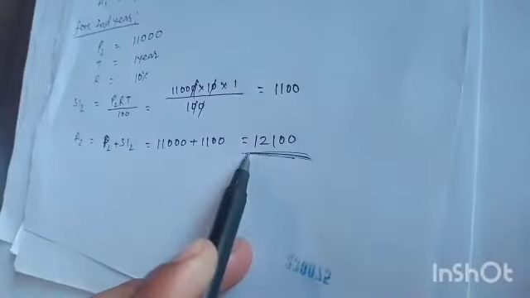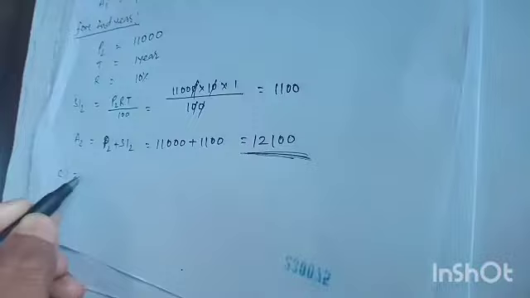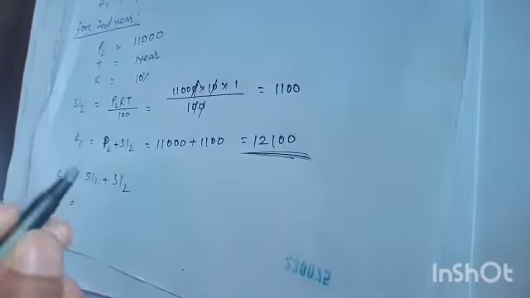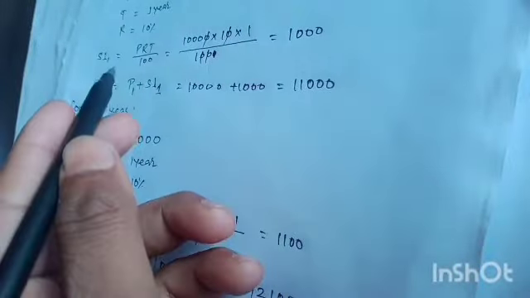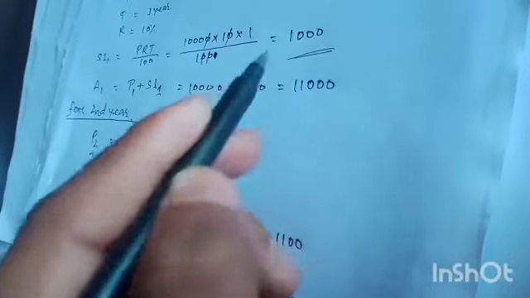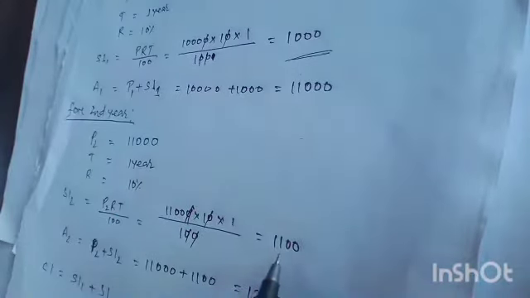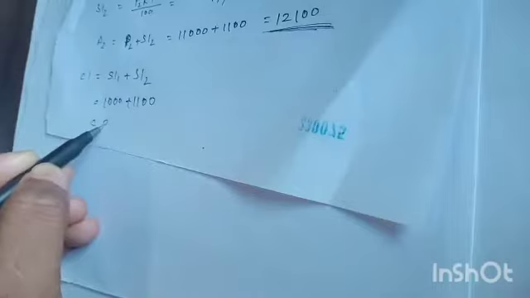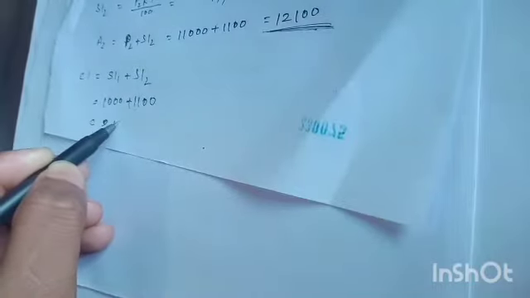12,100, and the compound interest CI is equal to SI1 plus SI2, right? For the first year, SI1 is 1,000, and for the second year, 1,100. That means 1,000 plus 1,100 is 2,100.